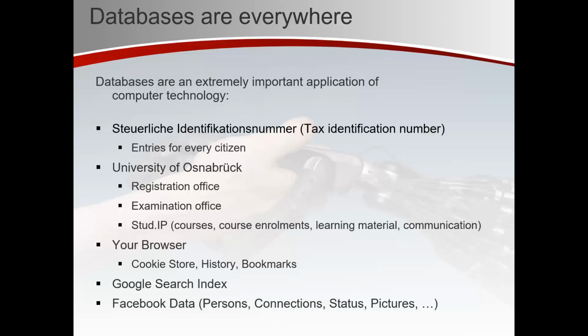At the University of Osnabrück, for example, we have the registration office where for each student there is information about the name and the address and the course of study, and the matriculation number is generated there, of course, and so on. In the examination office, we have information about examinations and what successful elements of the study have been completed by the students and what's left to do, and so on.